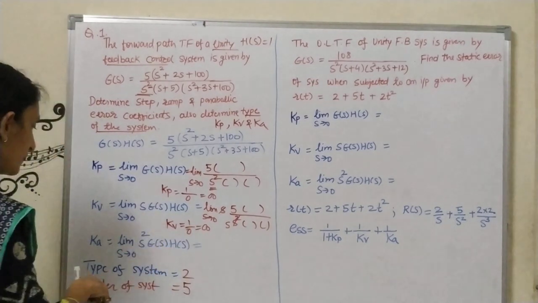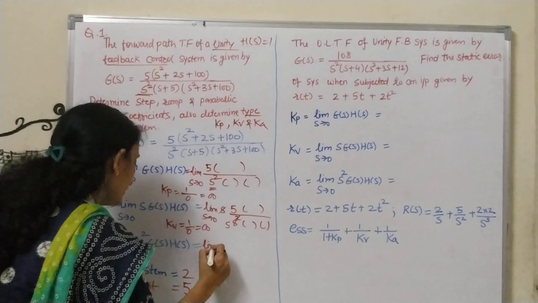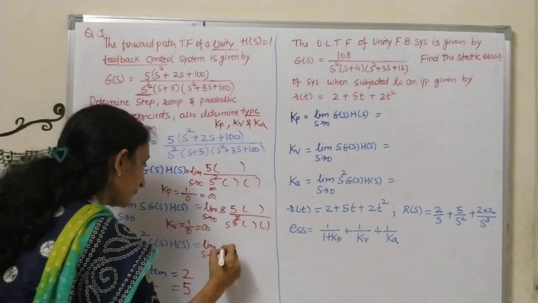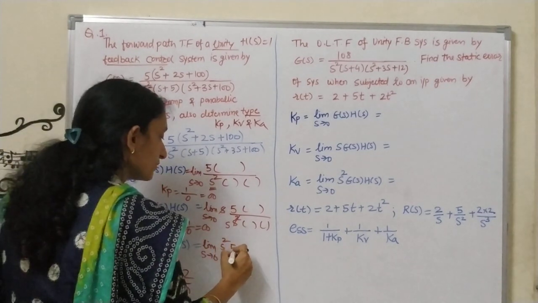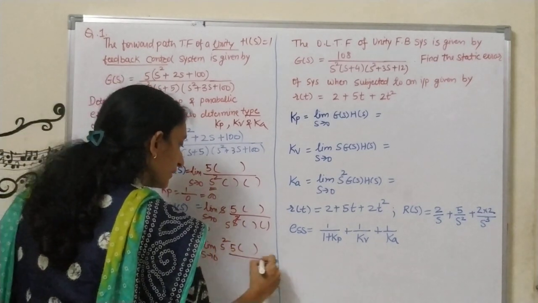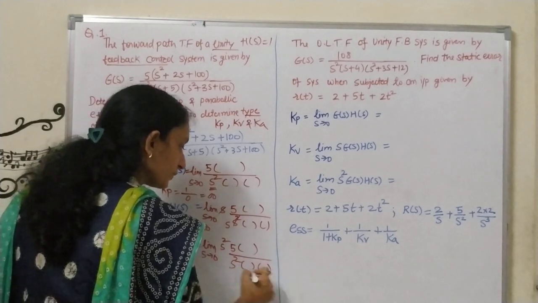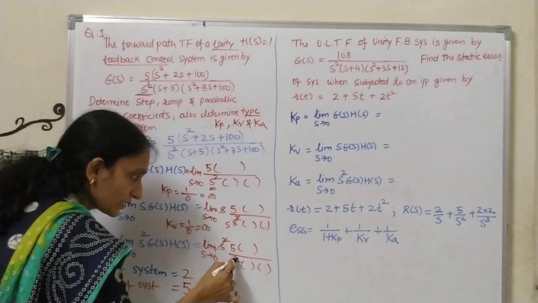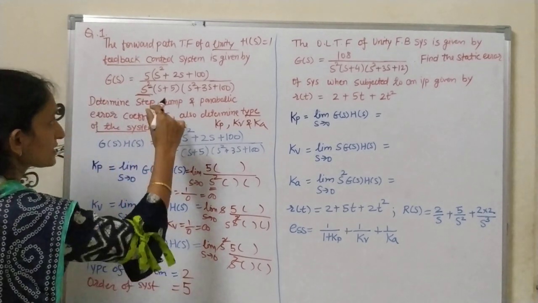What about Ka? Ka is equal to limit s tends to 0 of s square into G(s)H(s). I am substituting 5 into the numerator upon s square into the denominator. Here s square will get cancelled, and we will get some constant value. What is that constant value?